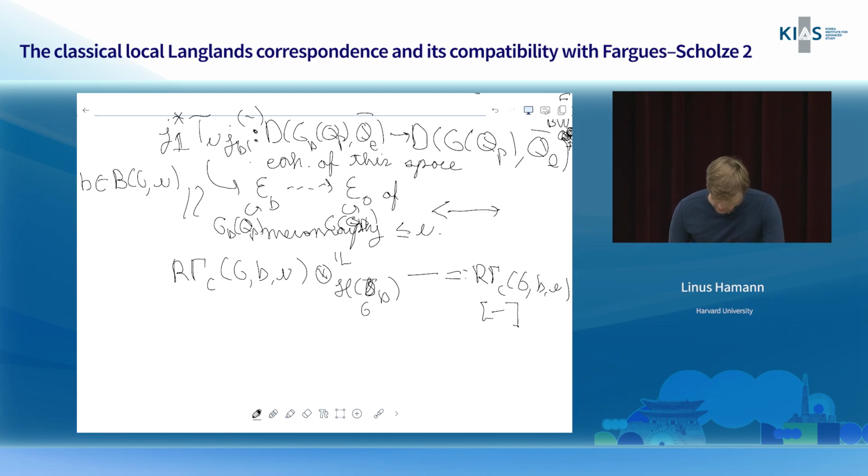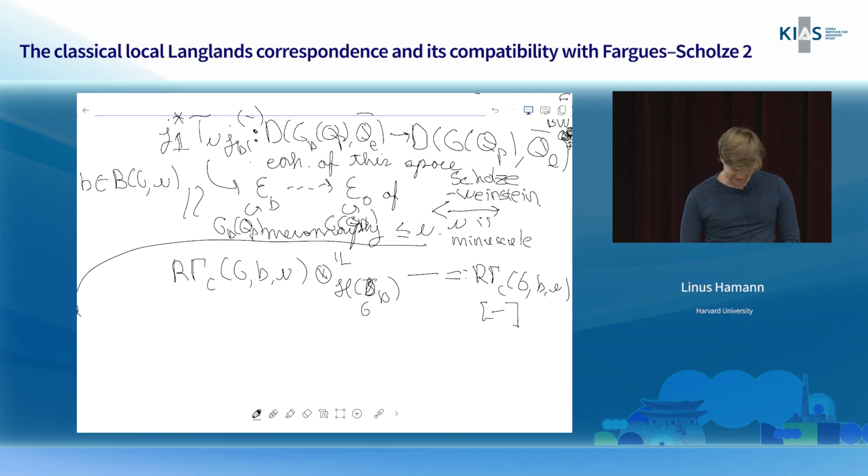So to do this, there's the following observation, which I still can't get over, which is due to Scholze and Jared, which states that if mu is minuscule, such spaces of modifications are actually connected to p-divisible groups.